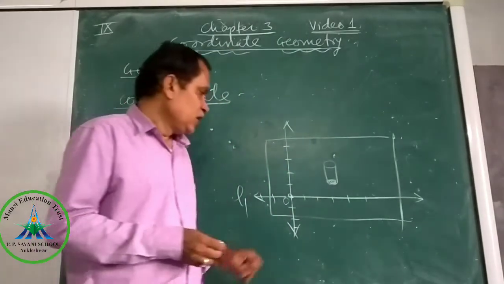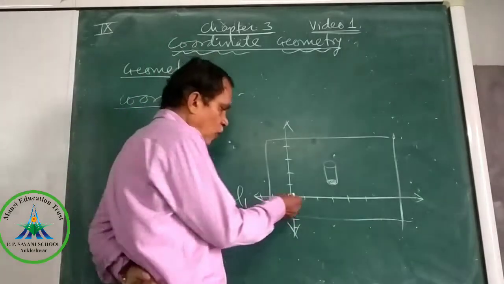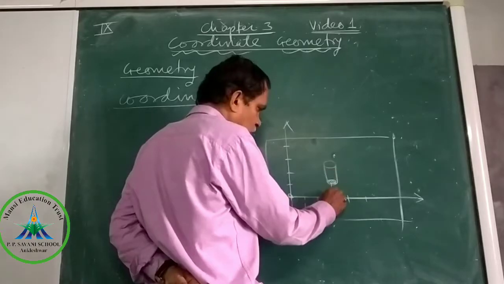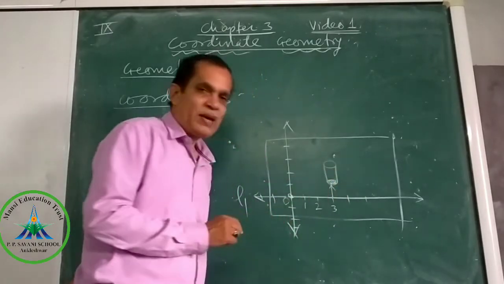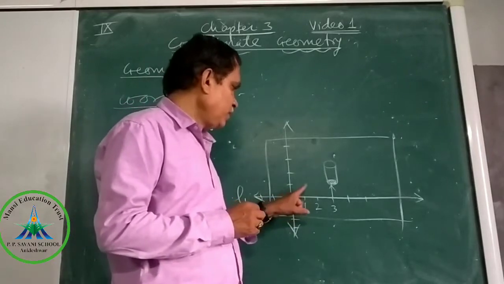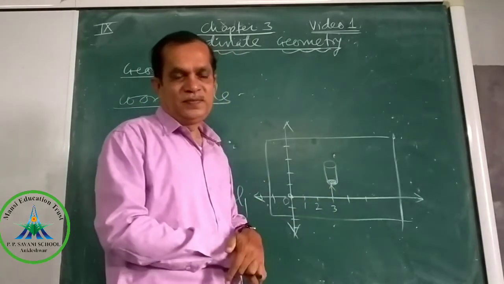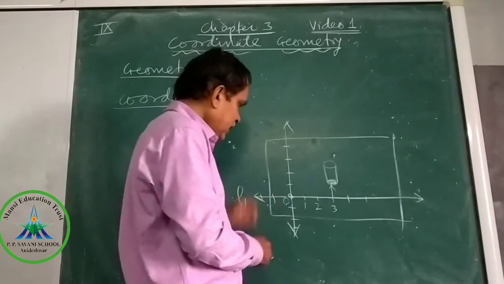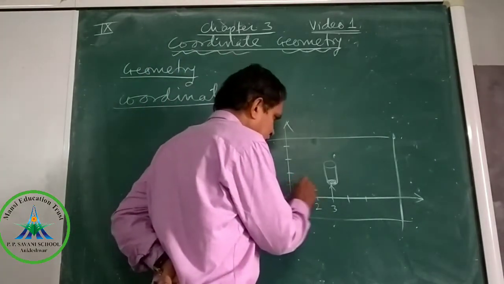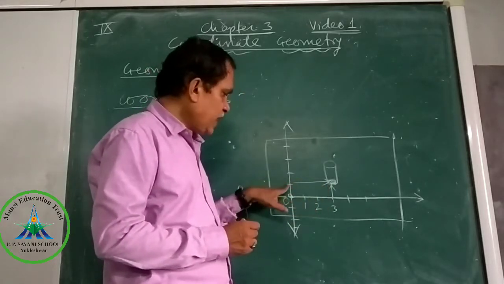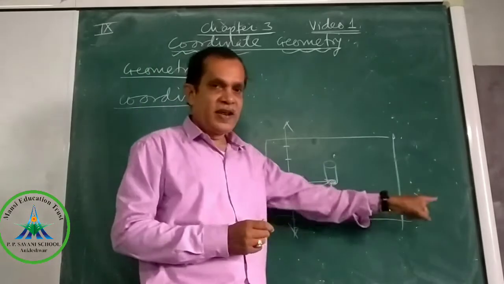Okay. Now see, if I take from this origin, it's 1, 2, 3. I got that this object is kept 3 units away from the vertical line. And if I take this way, 1, this bottle is kept 1 unit away from the horizontal line.